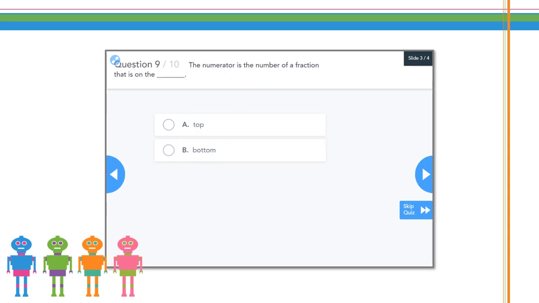Question 9. The numerator is the number of a fraction that is on the top or bottom. Well, I know my numerator is the number that is on the top, and it refers to how many parts I'm counting.